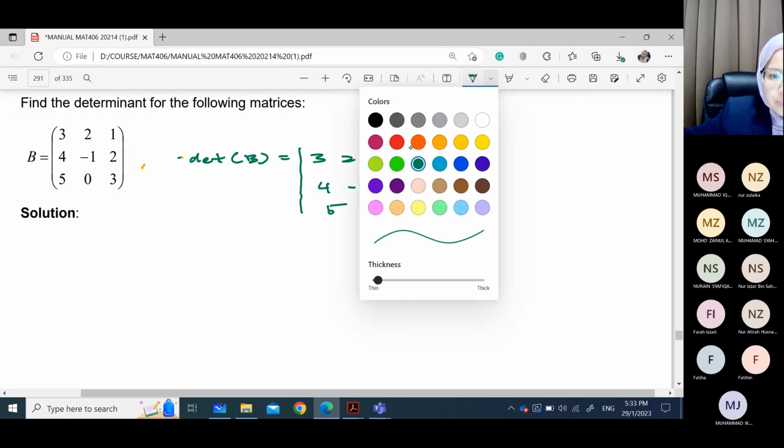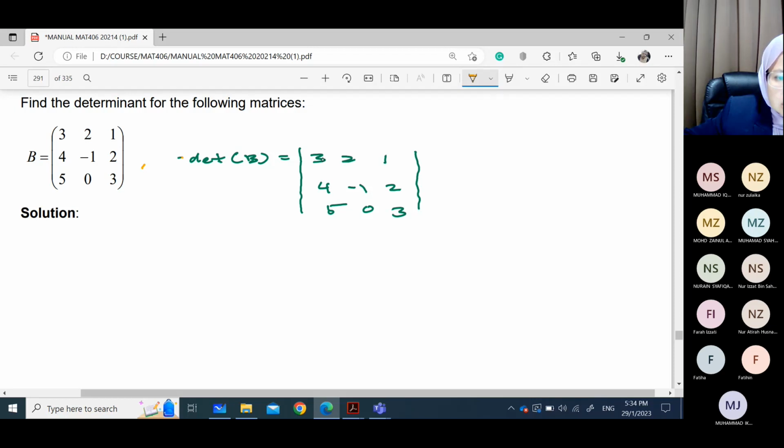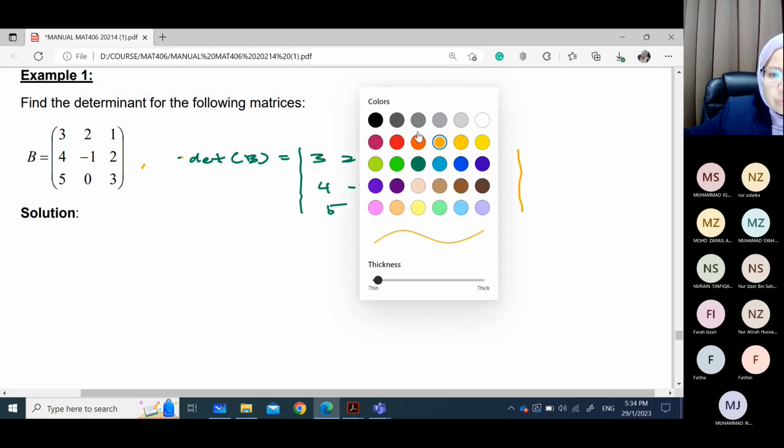And ada lagi, kita expandkan lagi, which is dia darab ni 3, 4, 5. Expandkan lagi 3, 4, 5 and 2, negative 1, 0. This one.